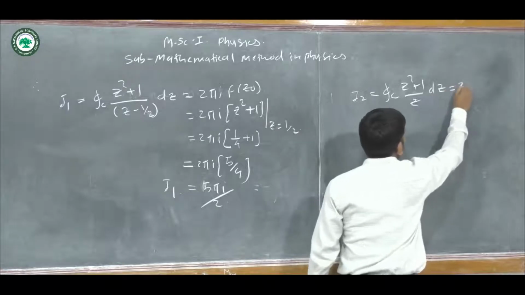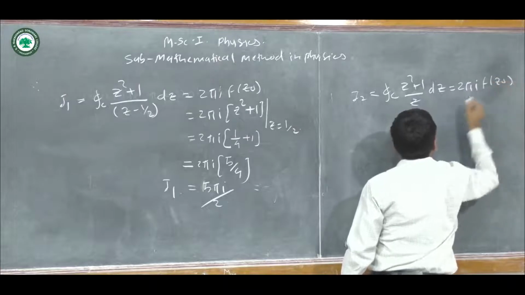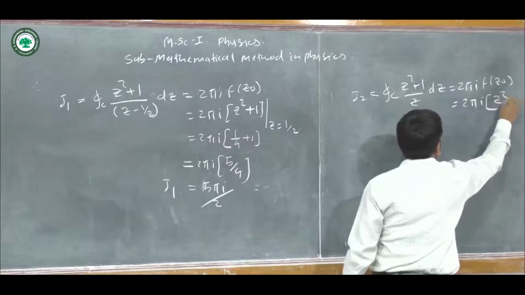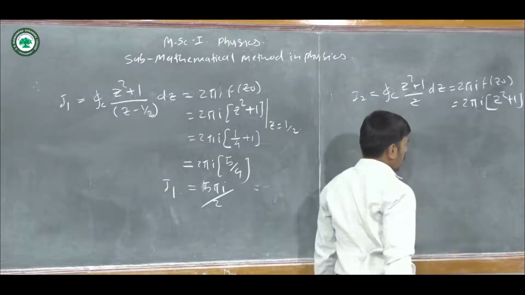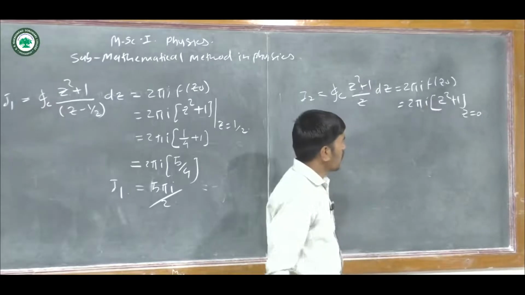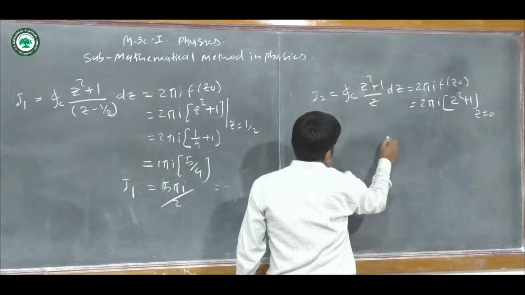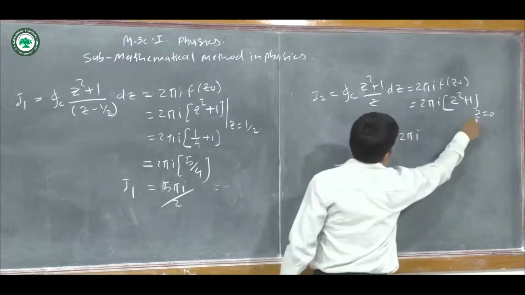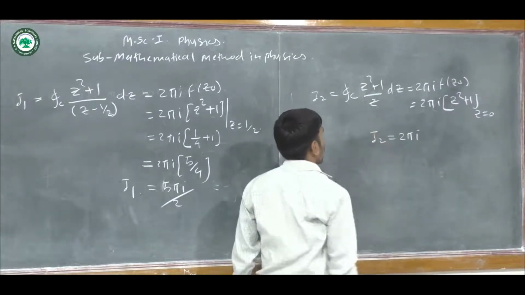This is equal to 2 pi i f of z naught, that is 2 pi i into z square plus 1 at z is equal to 0, the singular point, because this point lies inside this contour. So the integral is equal to 2 pi i, and so I2 is equal to 2 pi i.